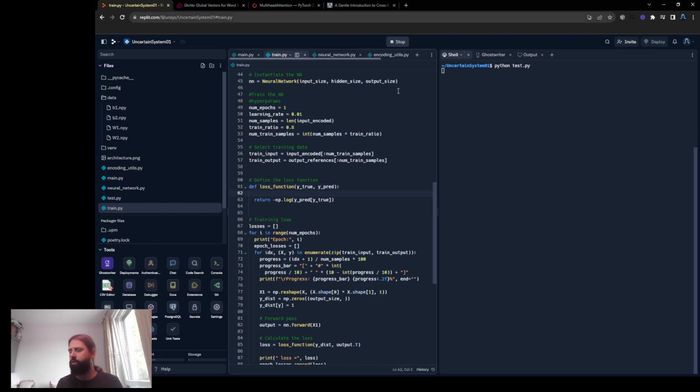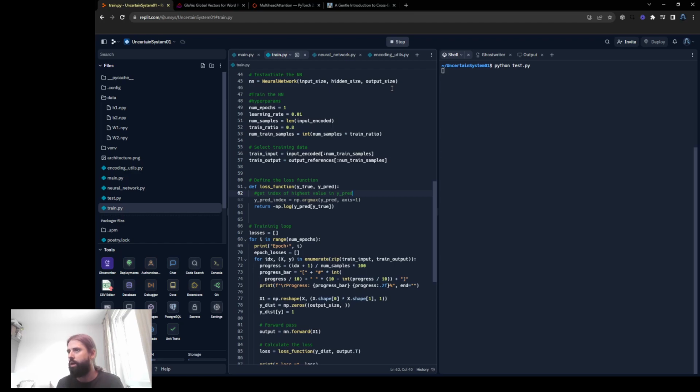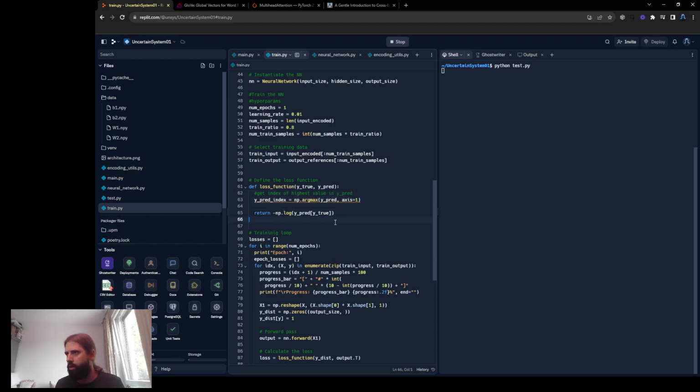We need to get the index of the highest value in ypred, and that's the prediction.